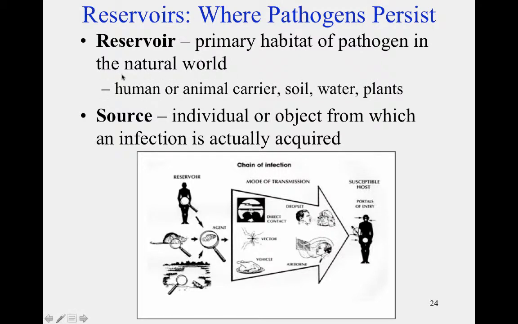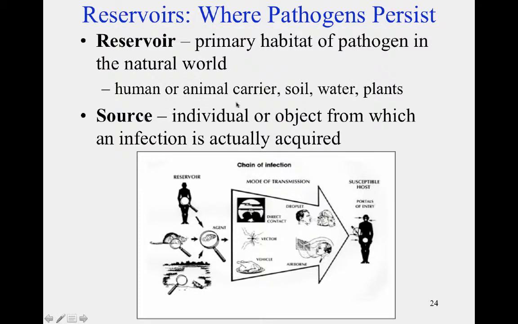If the only reservoir is in a human, you can vaccinate everyone and you can eradicate that disease. But when you have a pathogen living in animals other than humans, you can never get rid of that pathogen completely unless you get rid of the source of the primary habitat. So it makes it a little more tricky.